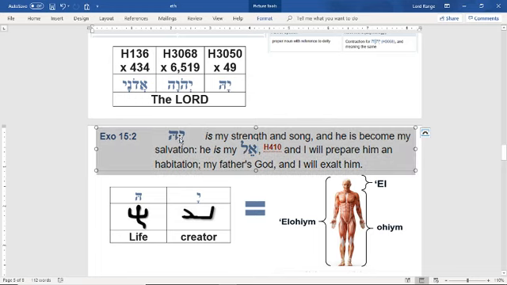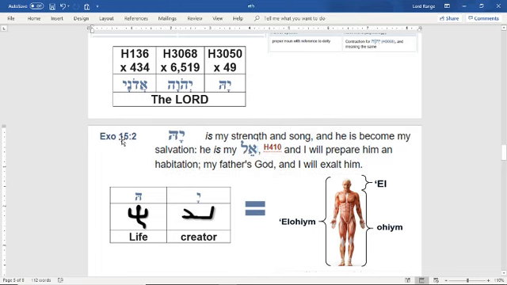So again, with that being said, Exodus 15:2, Yah and El is the same person. And again, El is the head of Elohim.